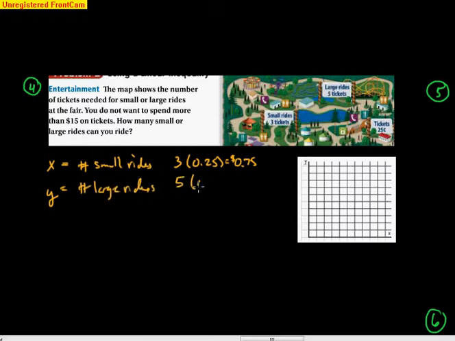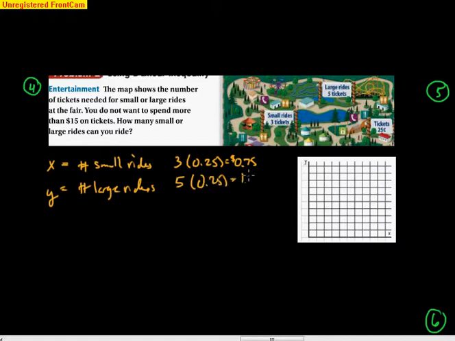Let's let x be the number of small rides. There's a cost associated with each type of ride, small or big. Well, there's 3 tickets at 25 cents each. That's 75 cents to ride a small ride. Let's let y be the number of large rides. It takes 5 tickets at 25 cents each.